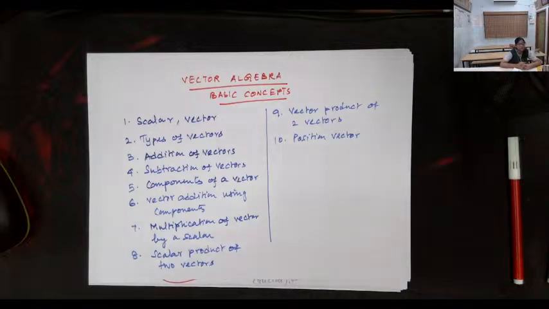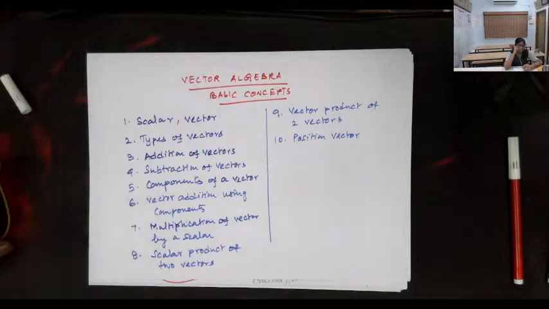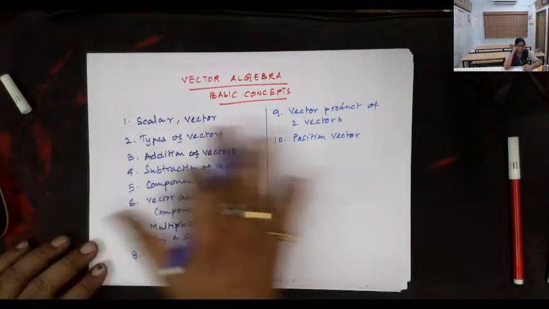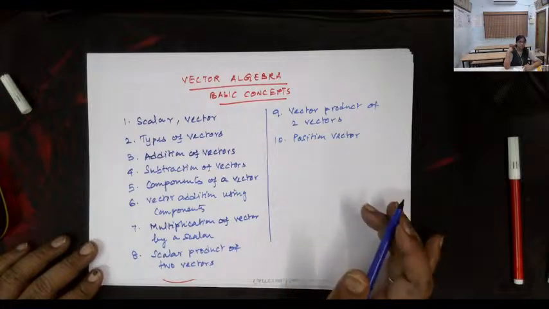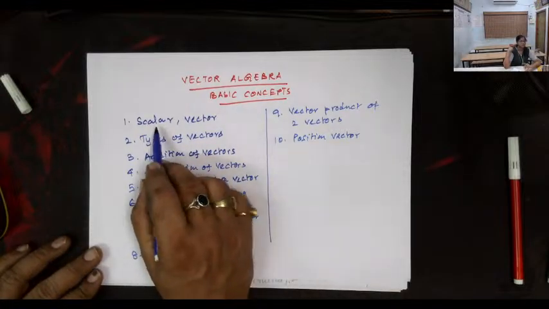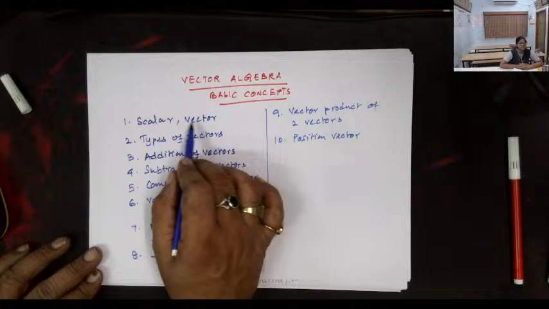Vector algebra, basic concepts. In this class, I will be discussing the basic concepts of vector algebra. First of all, we should know what is scalar quantity, what is vector quantity.